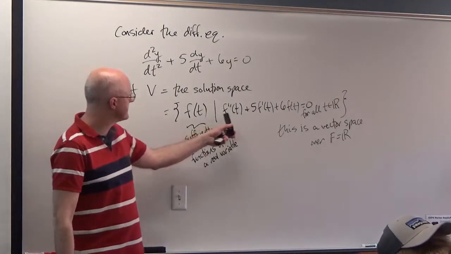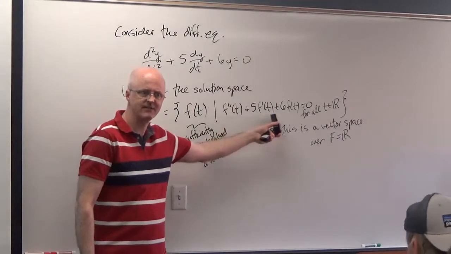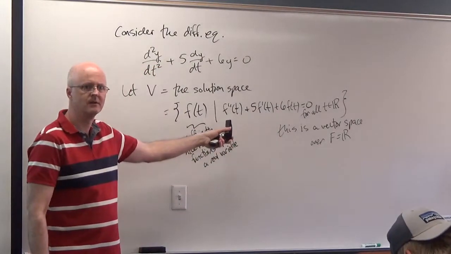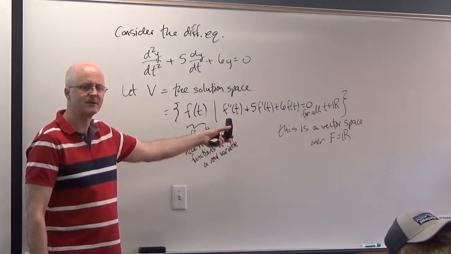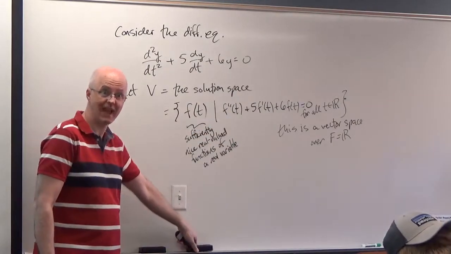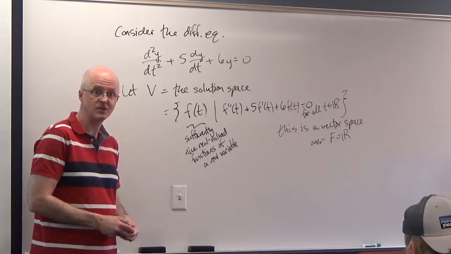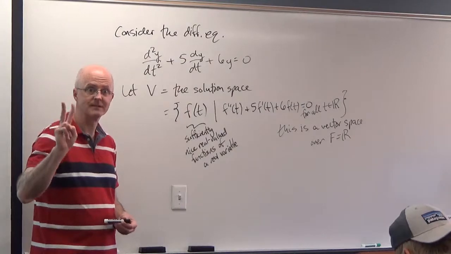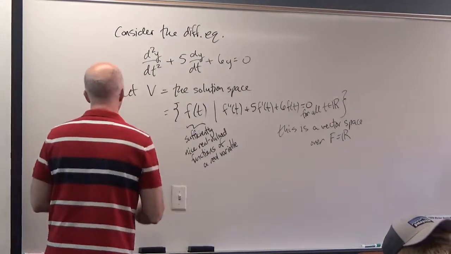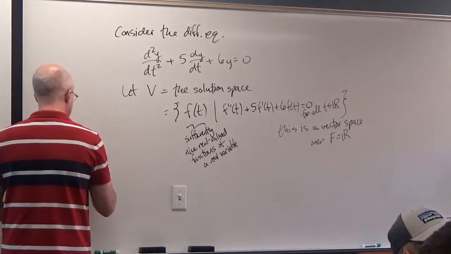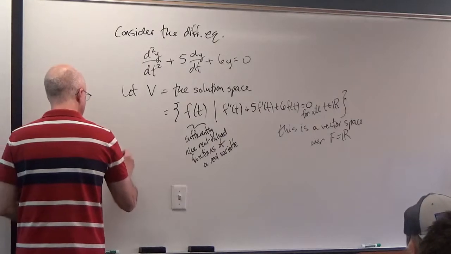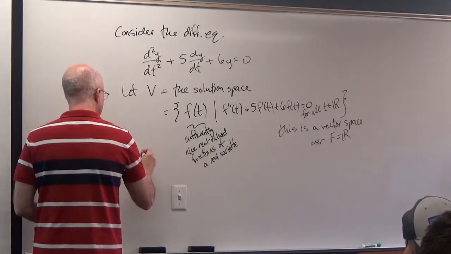But I've got extra conditions on these functions. They have to satisfy this differential equation. So is that enough to make it finite dimensional? Actually it is. And the dimension turns out to be 2. This is a 2-dimensional vector space.